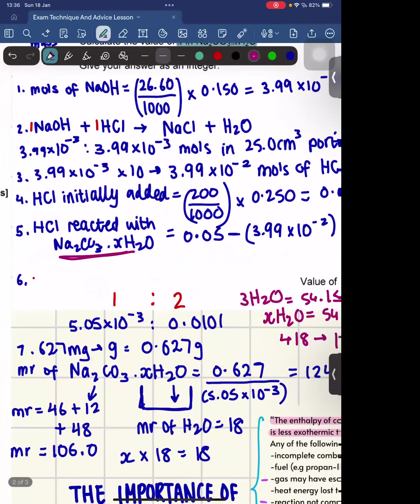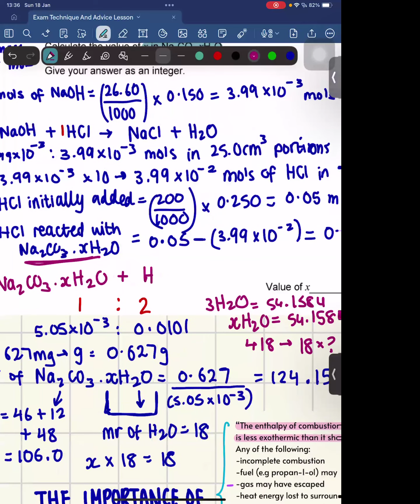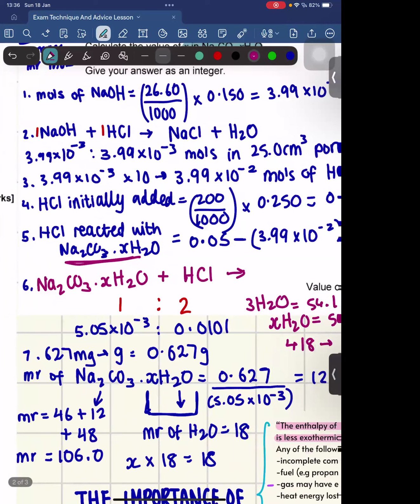So Na2CO3, ignoring that X for now because it has no numerical value, so it's invalid in my equation at the moment, plus HCl. Na2CO3 is a metal carbonate, and hopefully, from GCSE knowledge, you remember that a metal carbonate plus an acid makes salt plus water plus carbon dioxide.